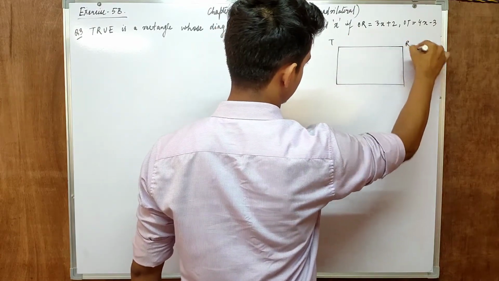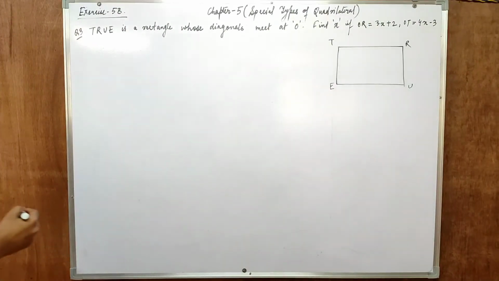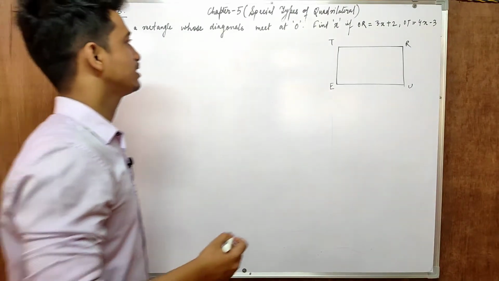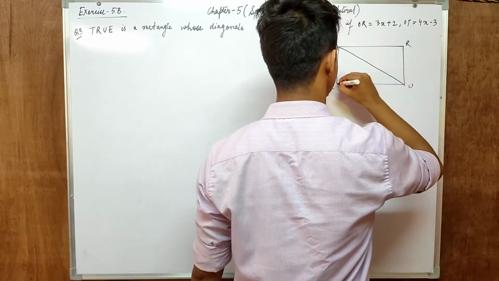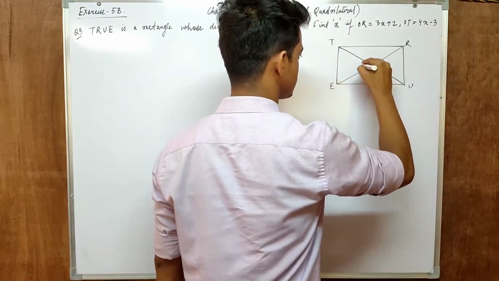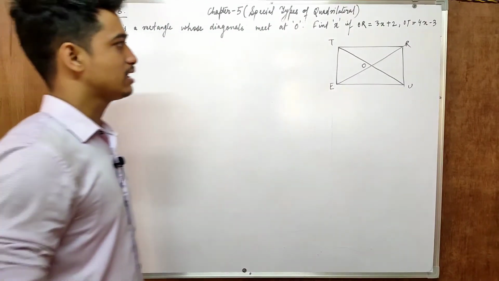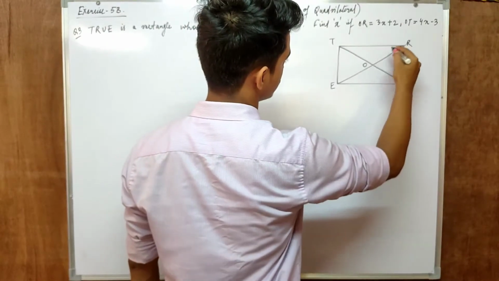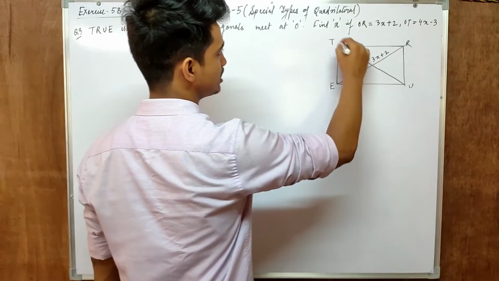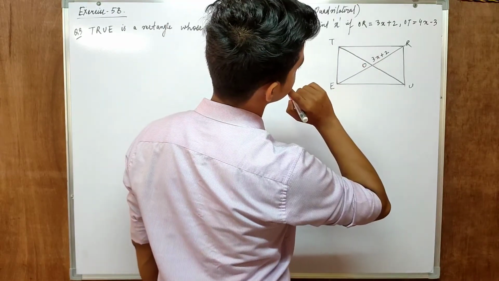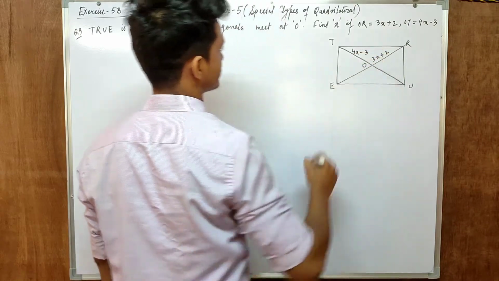TRUE, that is one rectangle whose diagonals meet at O. That is the first diagonal and that is the second diagonal which meet at O. Then find the value of x if OR is 3x plus 2, and OT is 4x minus 3.